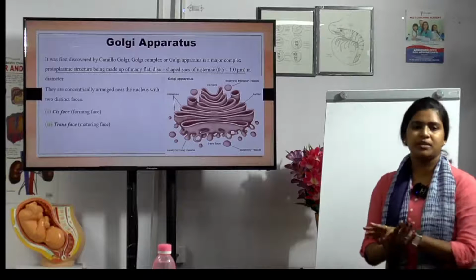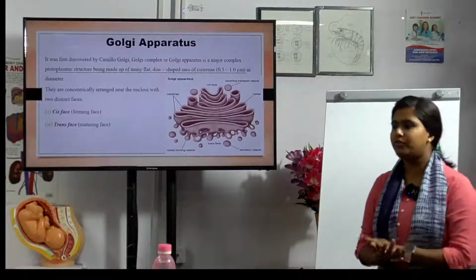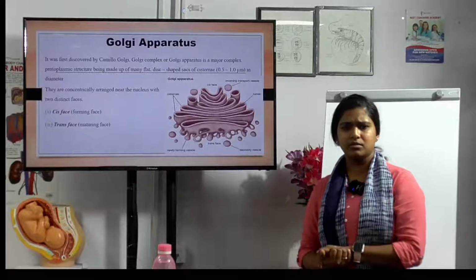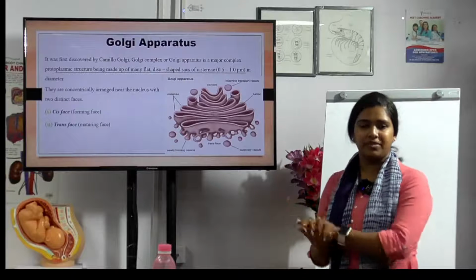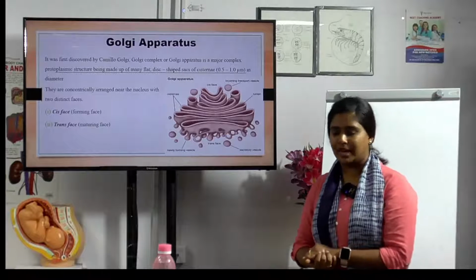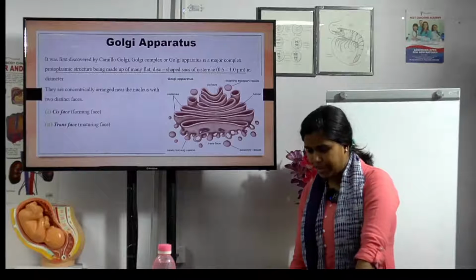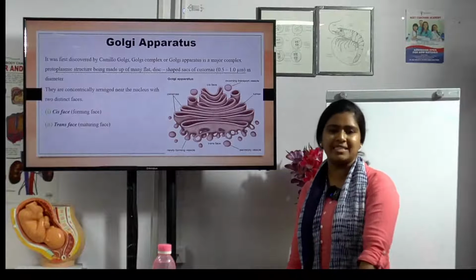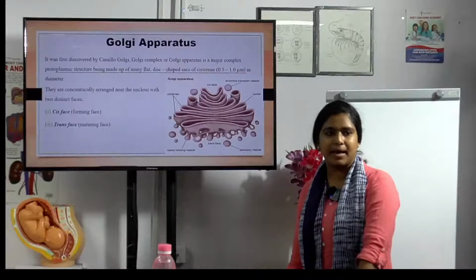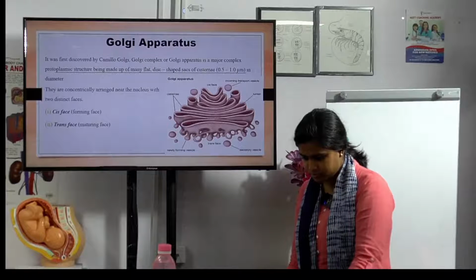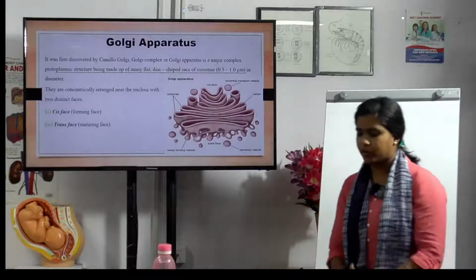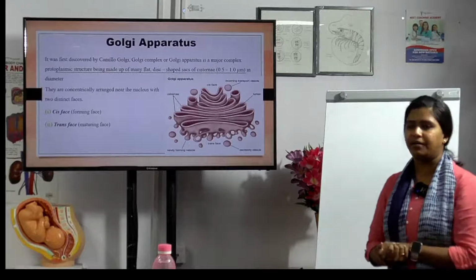Okay, as for function, these are involved in the formation of lysosomes. What are lysosomes? Yes, correct. They help in the formation of lysosomes and also perform the function of packaging materials. They are very helpful for packaging of materials. They are helpful in the production of complex carbohydrates.